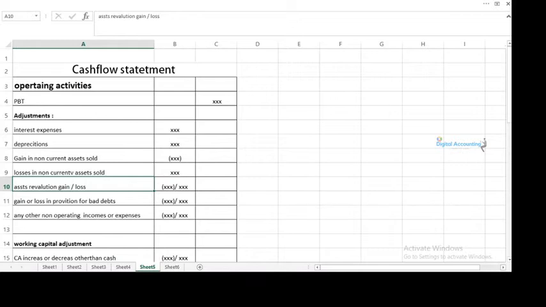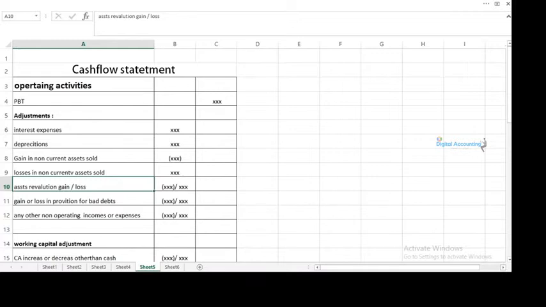So I will just say a few sentences. The gain or loss is a non-cash item. So if it is a gain, that income is already in the PBT, so we need to deduct that income in order to arrive at the cash. At the same time, if it is a loss, we need to add back that revaluation loss, because that is an expenditure, right?